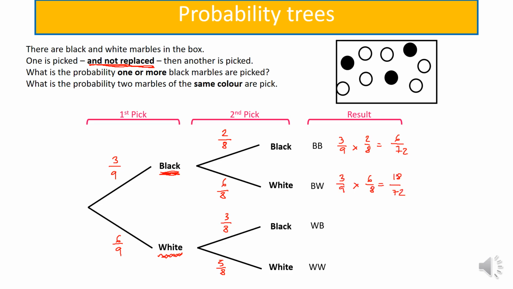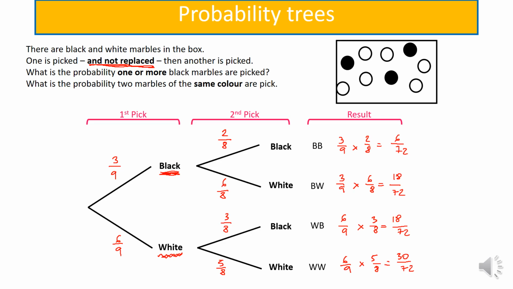To find the probability of getting a white one and then a black one, that is 6/9 times 3/8, which is again 18/72. And then the probability of getting a white one and then a white one again, that's 6/9 times 5/8, which is 30/72.